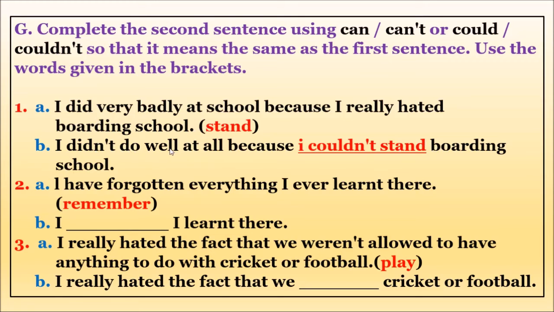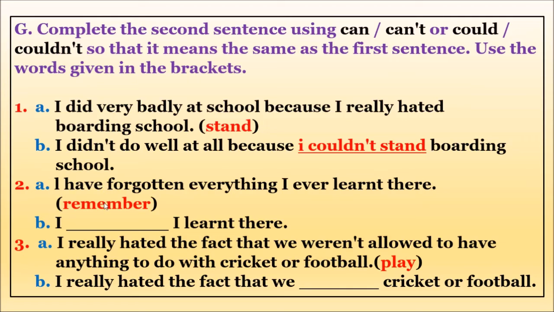The meanings of both the sentences are same, but we have to change the sentence by using couldn't and didn't. The same thing can be said in a very polite way, like I didn't do well at all because I couldn't stand boarding school.